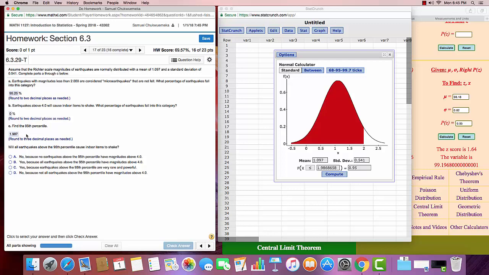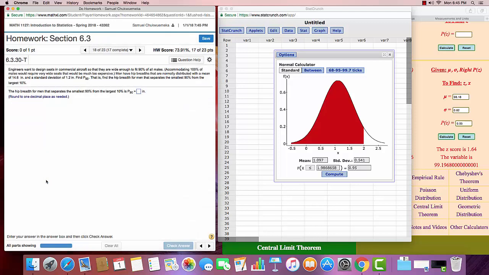What if you have 2.7? What if you have 3.4? What if you have 3.9? That is not above 4. So no, the answer will be no. It's because not all earthquakes above the 95th percentile have magnitudes above 4.0.